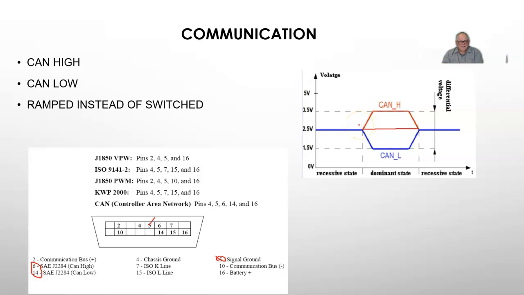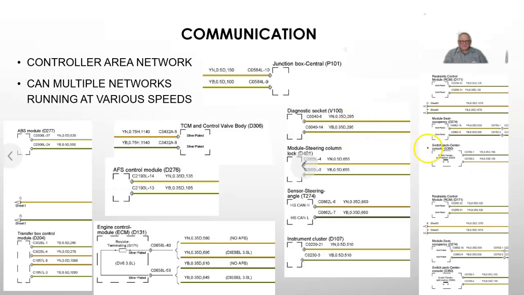Looking back up at this last one, this is off a late 2000 Land Rover. ABS module, transfer case control module, engine computer, AFS, I'm not even sure what that one is, transmission control module, diagnostic socket, module for the steering column, steering wheel sensor, instrument cluster, switch pack, center console, seat occupancy, restraint control.